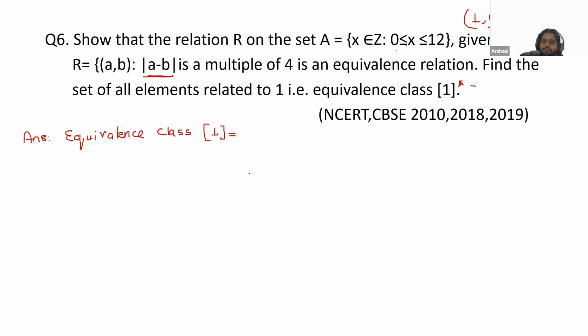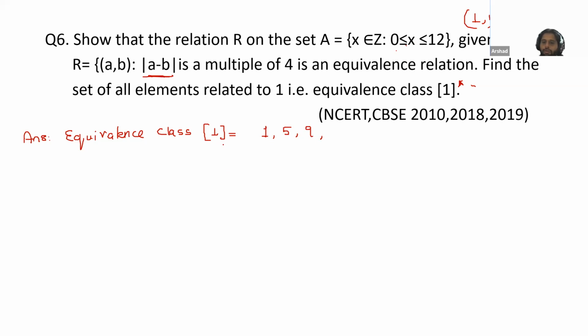So equivalence class of 1 includes 1. If you take 5, then 1 minus 5 is minus 4. If you take, for example, 9, then so, 1, 5, 9. What's the equivalence class of 1? 1, 5, 9, because if you subtract these two, we get a multiple of 4.